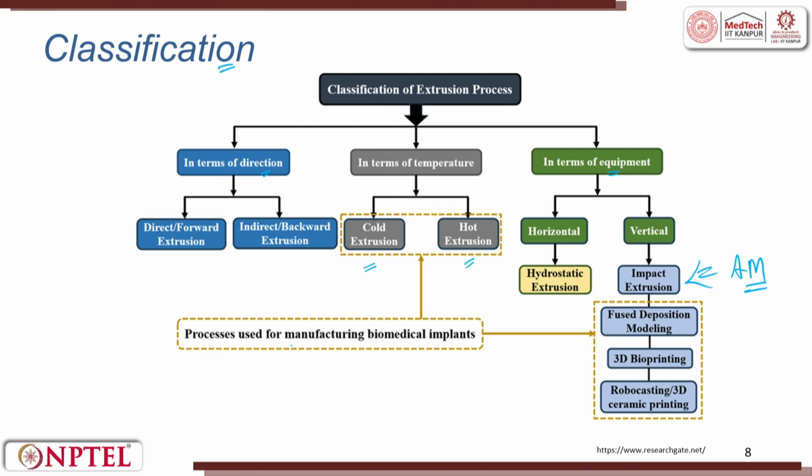So, the process used for manufacturing bio implants can come from here or from here. This classification and this classification are very important. Generally, for hard heavy engineering materials, we always go for the horizontal type.